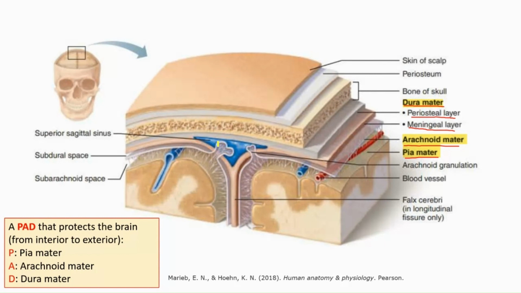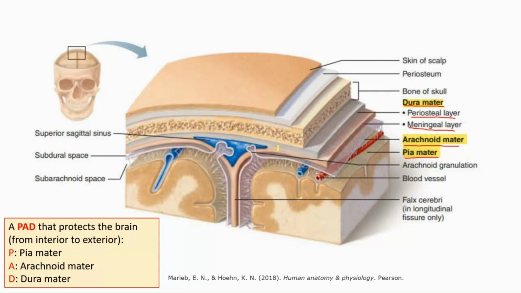So a cavity or a sinus will be formed at the site of separation, which will be filled by venous blood. This will be called a dural venous sinus. And here where the meningeal layer goes down, it will form a partition or a septa that divides the brain into two hemispheres.